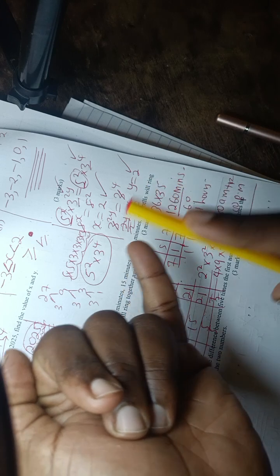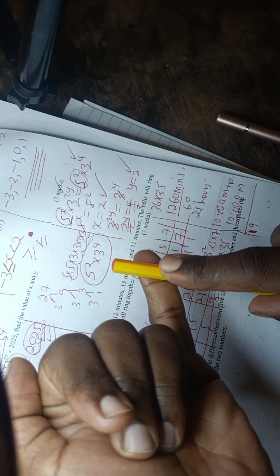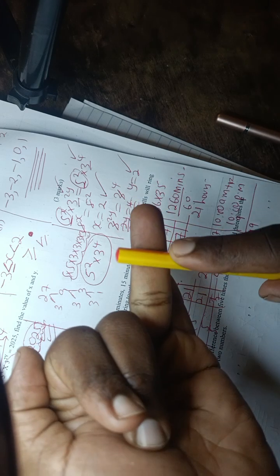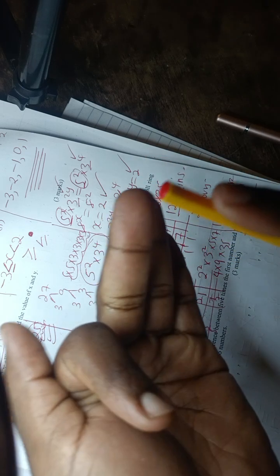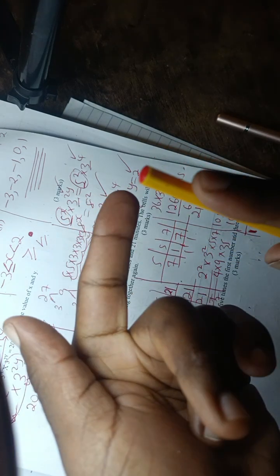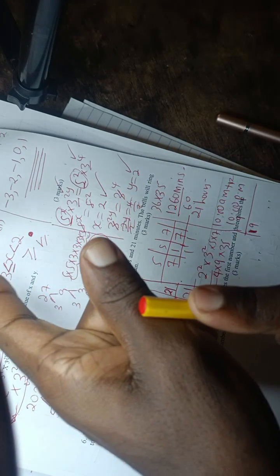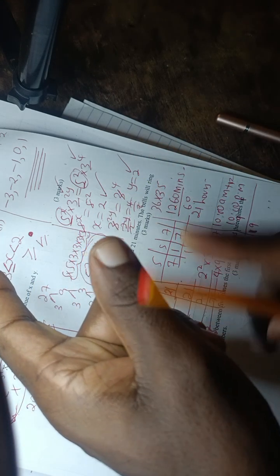So that is 10 p.m., 11 p.m., 12 midnight. Then we have 1 a.m., 2 a.m., 3 a.m., that is now morning the following day.